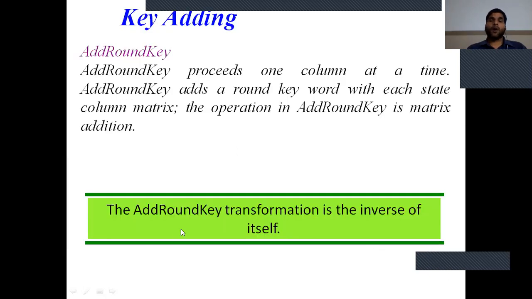Next, the operation of key addition. Now we apply add round key. Add round key proceeds one column at a time. Add round key adds a round keyword to each state column matrix. The operation in add round key is matrix addition. So the add round key transformation is the inverse of itself.